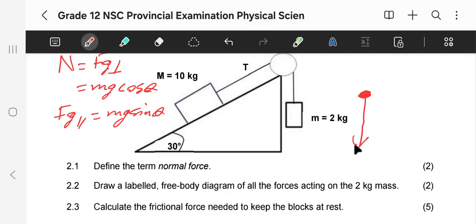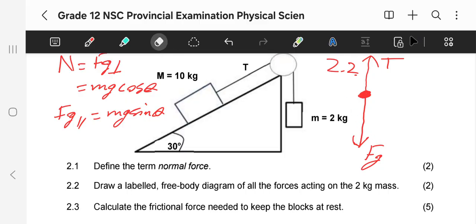The first is an invisible force, which is the force of gravity, and the second is the visible force, which is tension. This is how our free body diagram is going to look. Done and dusted with 2.2.